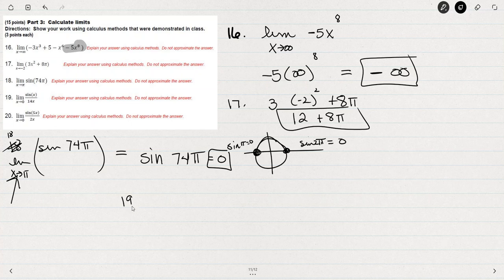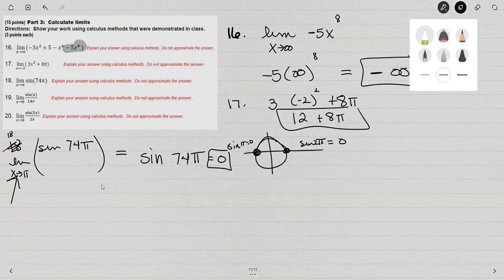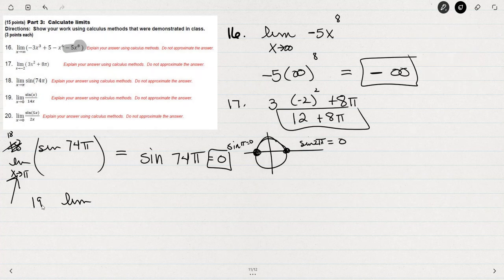For number 19, this is applying that new limit technique. That's that the limit of sine anything over the same anything as x approaches 0 is going to be 1. So for number 19, we want to build sine box over box, right? We have sine of x over x, but we have this extra 14 in here.